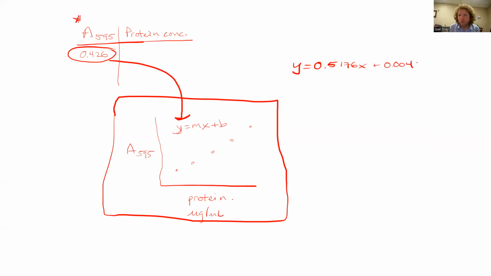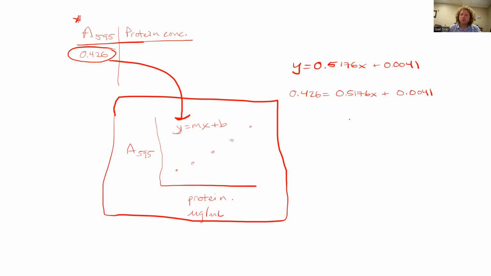Let's say that's our equation for our line of best fit. What I'm going to do is take my 0.426 and plug it in. So 0.426 equals 0.5176x plus 0.0041, and simply solve for x.